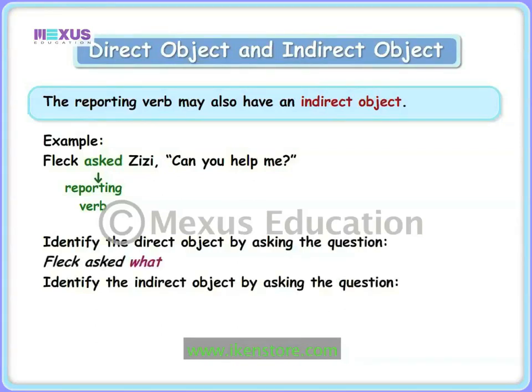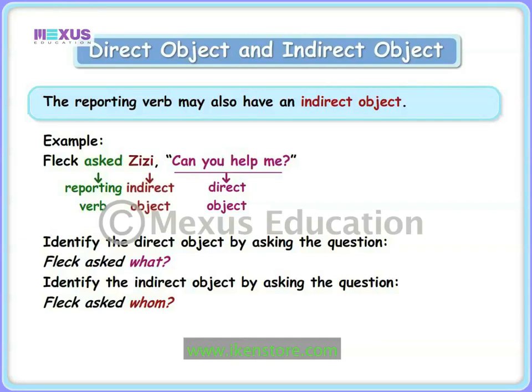Fleck asked what and Fleck asked whom. The answer to the first question is the quote. Can you help me? Hence, this is the direct object of the verb. The answer to the second question is Zizi, which becomes the indirect object of the verb.